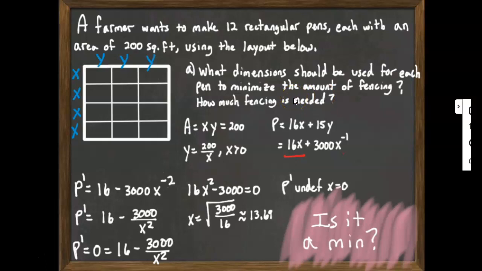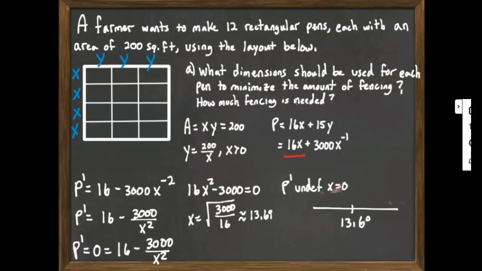To know if we're minimizing, we need to look at the derivative above and below 13.69. Is it decreasing? Is it negative before we get to 13.69? Is it positive afterwards? So if you go back to the derivative here, you can plug in P prime of 1. That's going to be 16 minus 3,000 divided by 1. Definitely negative. And then we need something bigger.